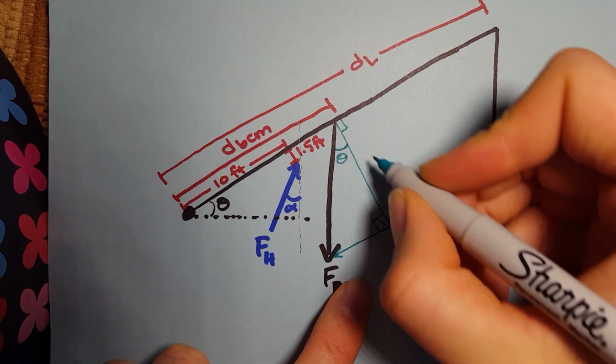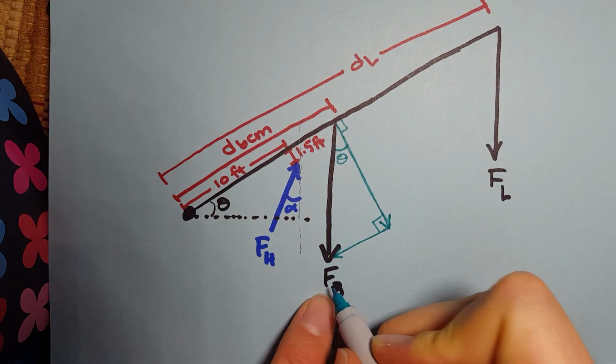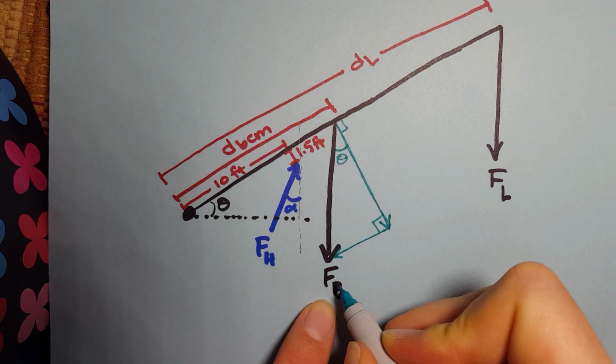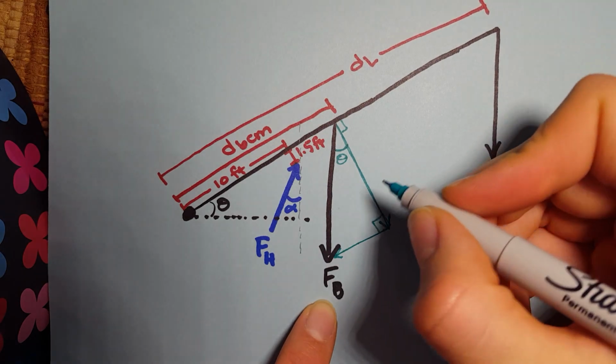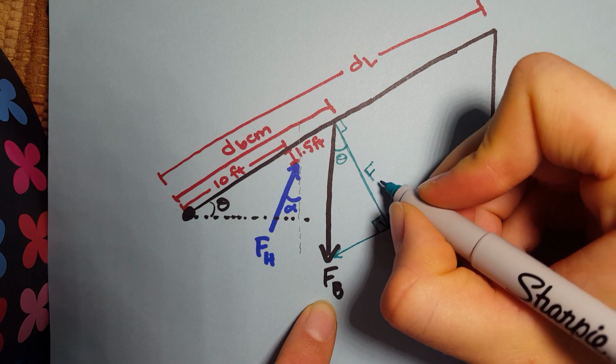So you know this component right here, this perpendicular component of this force caused by the weight of the boom, which is acting at the center of mass, is going to be FB cosine theta. Oh, this marker isn't doing too well.